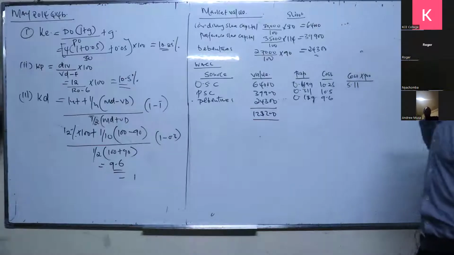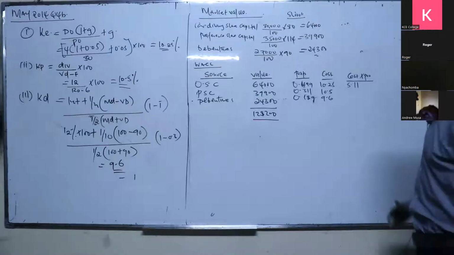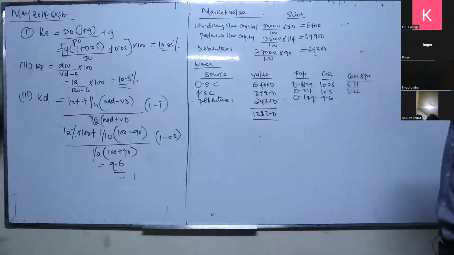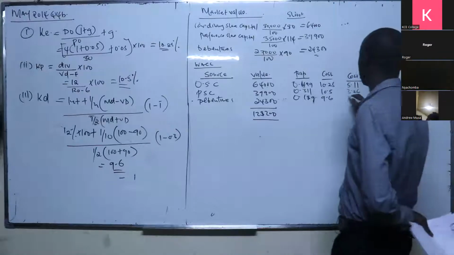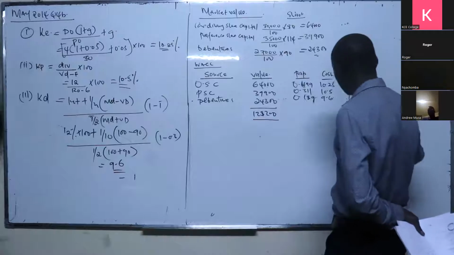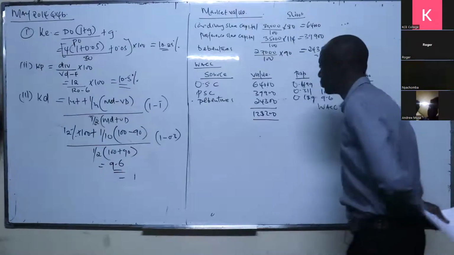Okay? And the other one? 3.26. And then the next one? 1.82. And then now you aggregate them, you add them together. That one will be your weighted average cost of capital.